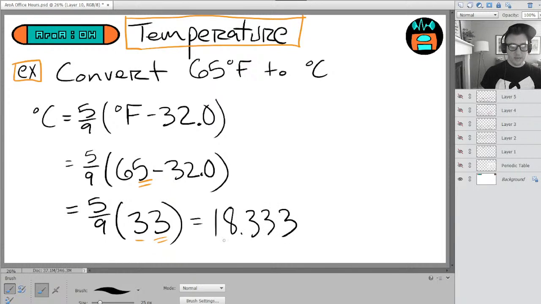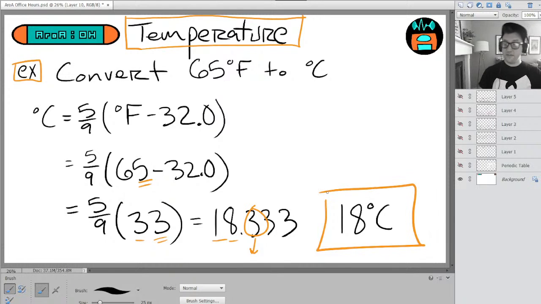We, however, can only keep 2 sig figs and 3 rounds down. So our answer with the correct value is 18. Correct sig figs is 2. Correct units here are degrees Celsius. So 65 degrees Fahrenheit, which I consider to be a pleasant temperature, comes out to be 18 degrees Celsius.